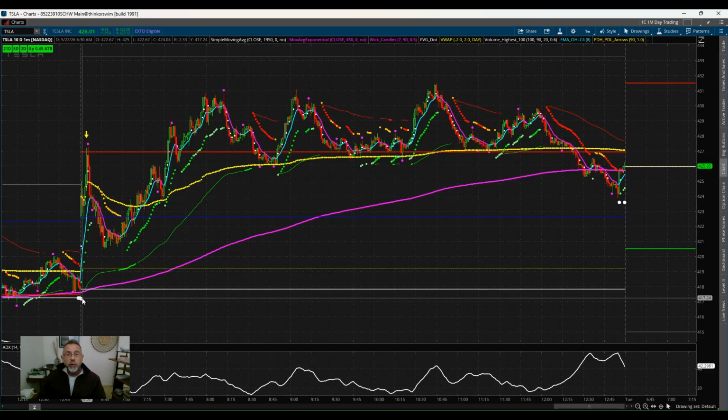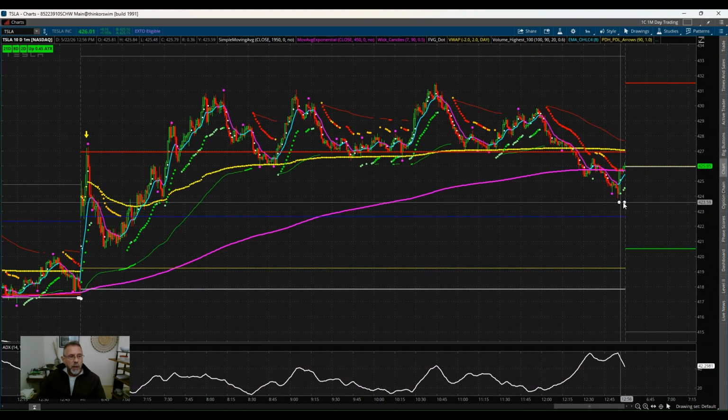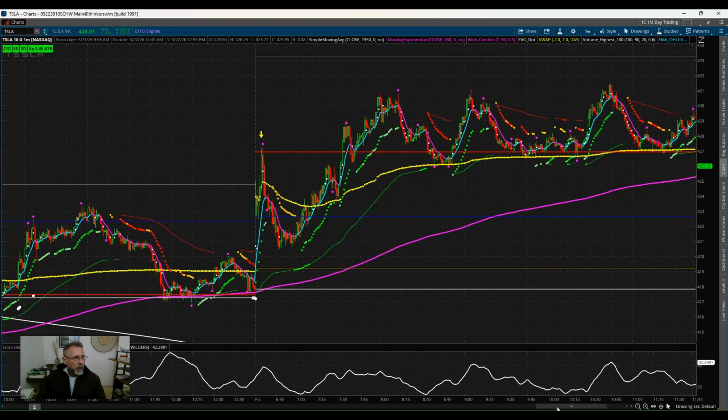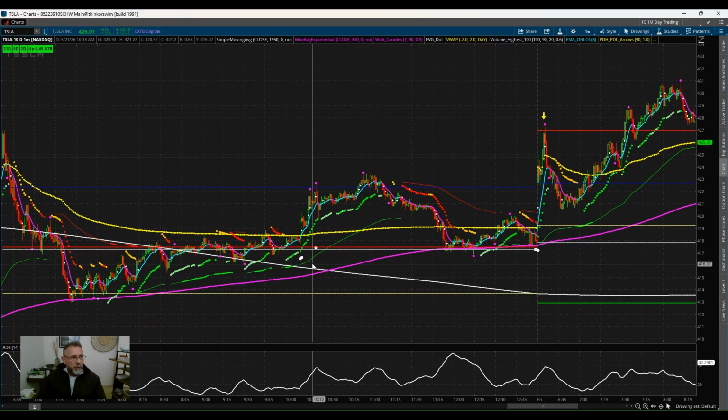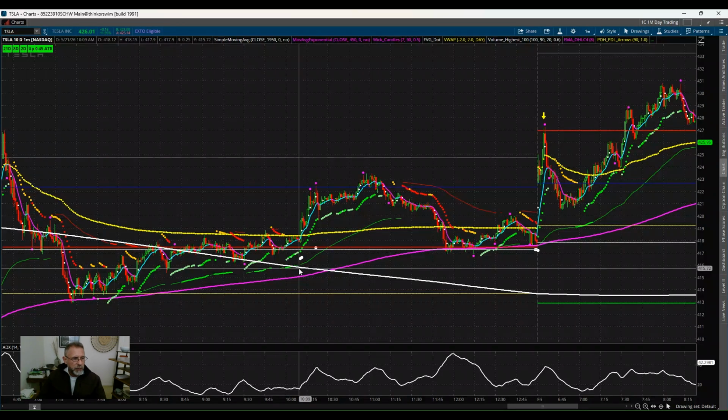So if you have the largest volume of the last hour and a half, it's going to print one of these dots. And you'll see on yesterday, there were some dots. There was all of a sudden a big breakout midday. And sure enough, see these dots show up because this is very heavy volume that made this sudden breakout. Now that ended up getting reversed, but again, I like knowing when these things are taking place.